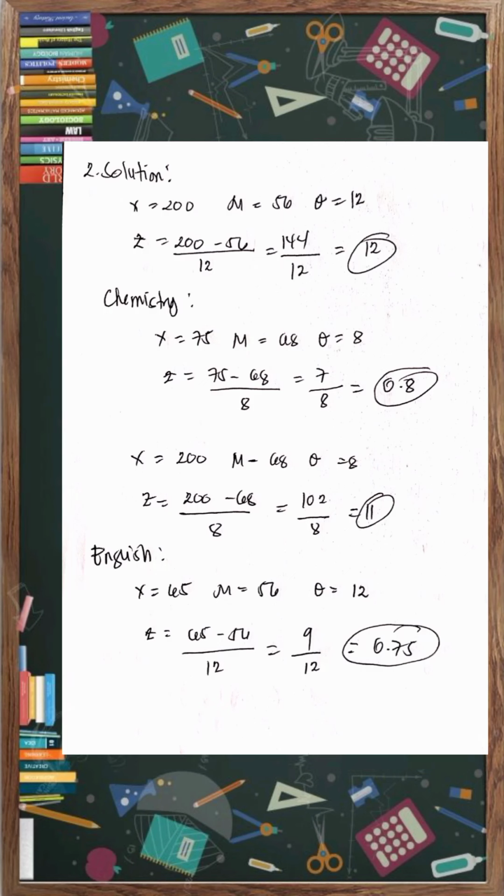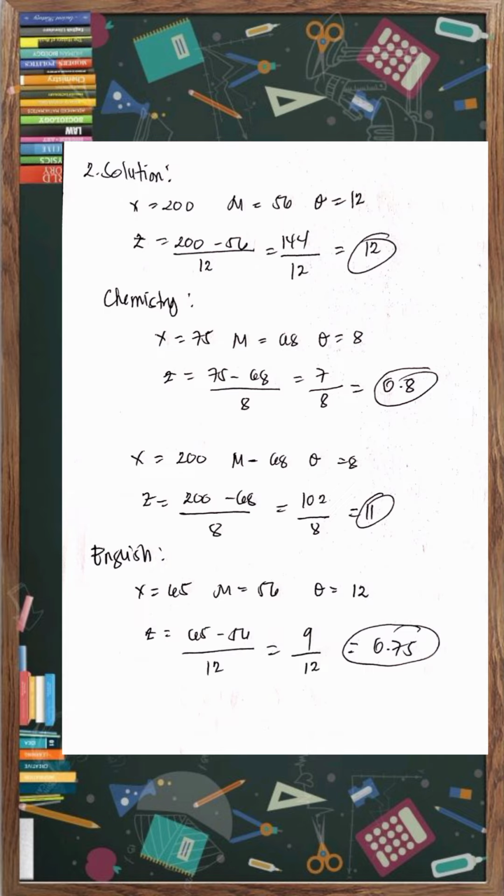Solution. X equals 200, M equals 56, and standard deviation equals 12. Z equals 200 minus 56 over 12 equals 144 divided by 12, the answer is 12. Chemistry. X equals 75, mean equals 68, and standard deviation equals 8. Z equals 75 minus 68 over 8, and 75 minus 68 equals 7, and 7 divided by 8 equals 0.88.